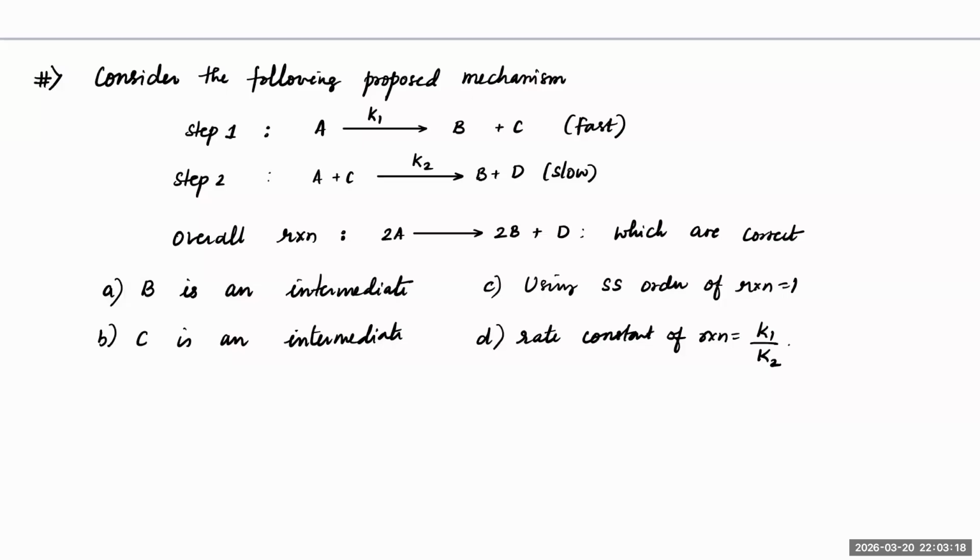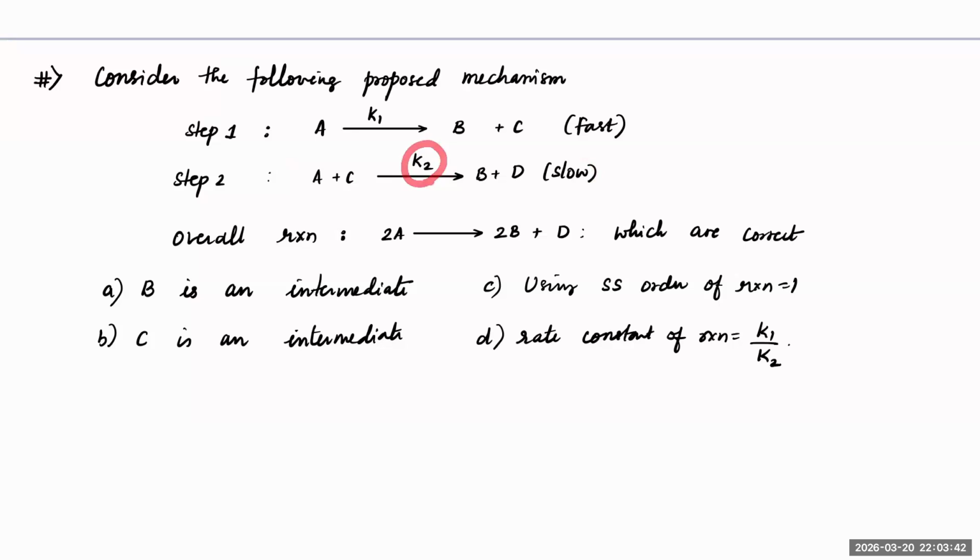Everybody, please go through the steady state approximation method quickly. Let's try this question together. A is giving B plus C. It's a fast reaction. And A plus C is giving B plus D. It's a slow reaction.